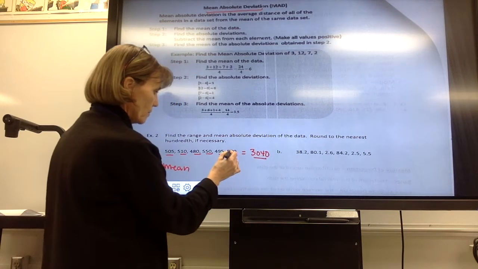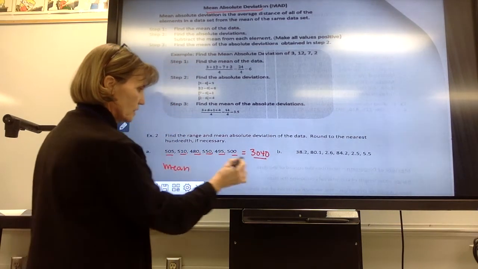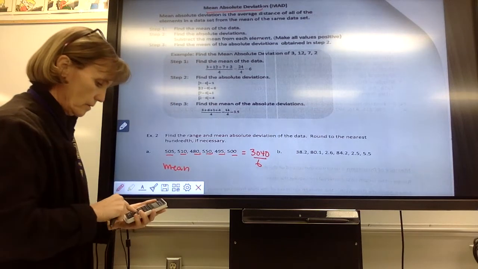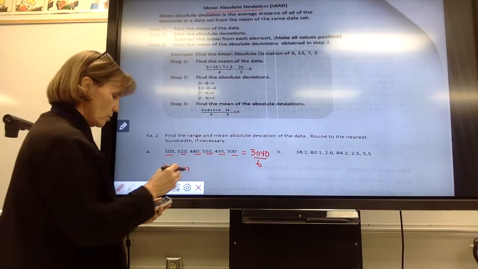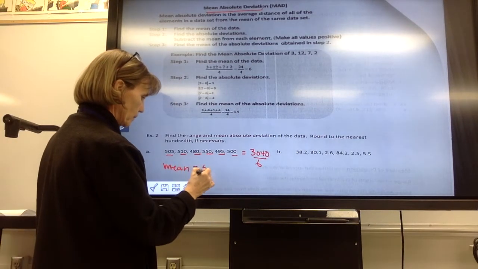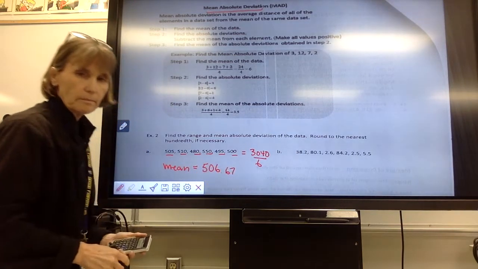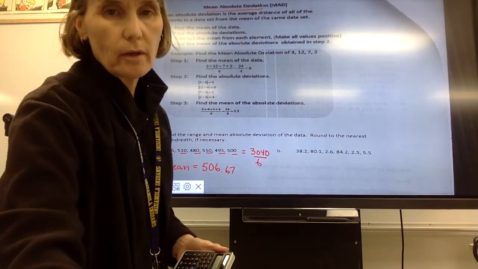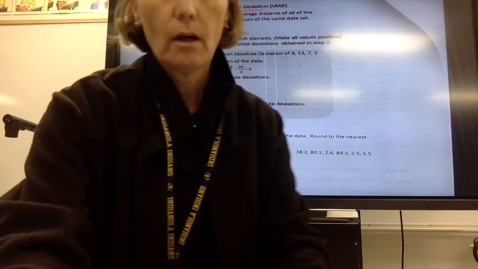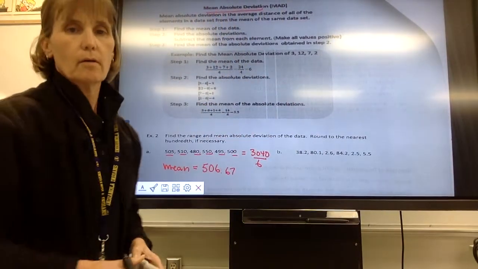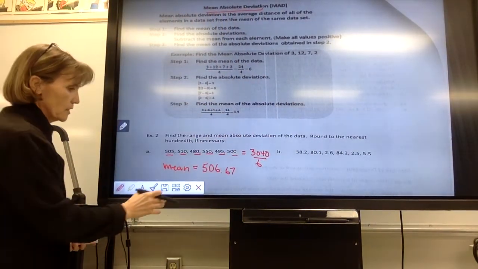And I want to divide that by 1, 2, 3, 4, 5, 6. I get a value of 506.67. Okay, if I'm rounding that to the nearest hundredth, we get an average of 506.67.